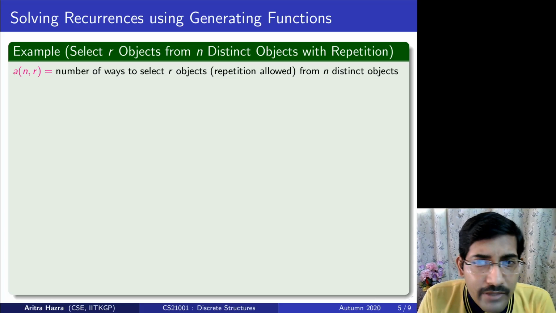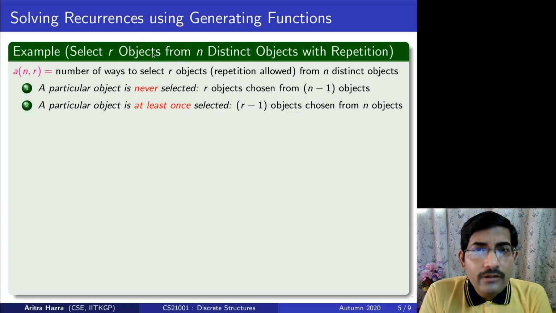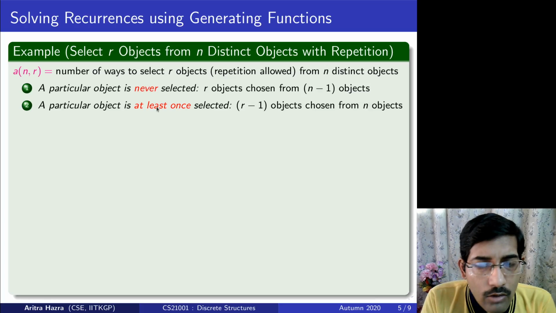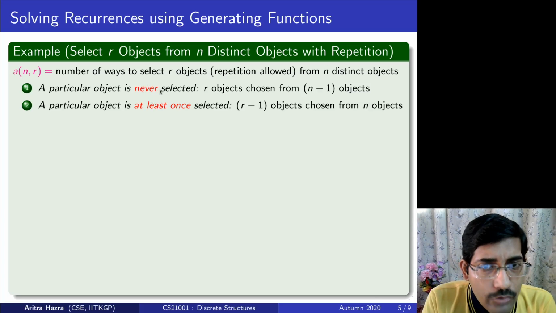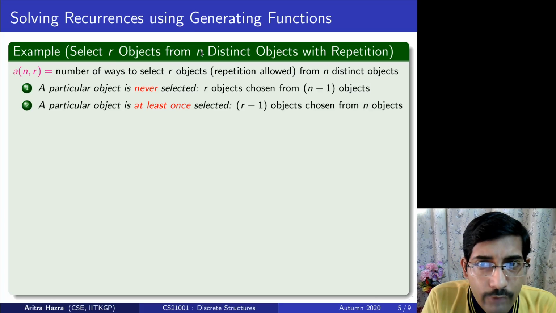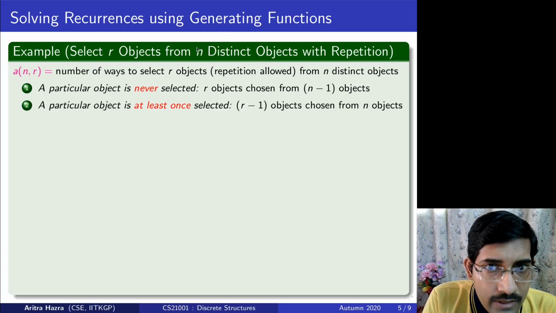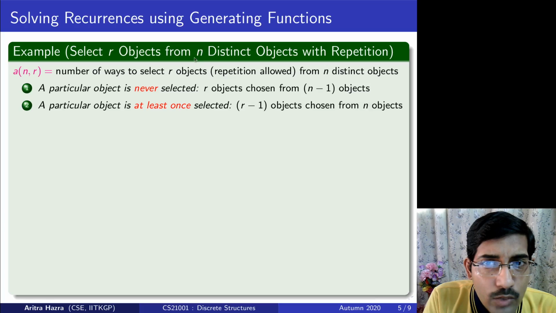What will be the recurrence? Here we go. Either we never take a particular object, or we take it at least once. If we never take that object, then the R objects I have to take from n objects, one particular object I never take into my solution, so for the remaining n minus 1 objects I need to choose R of them.